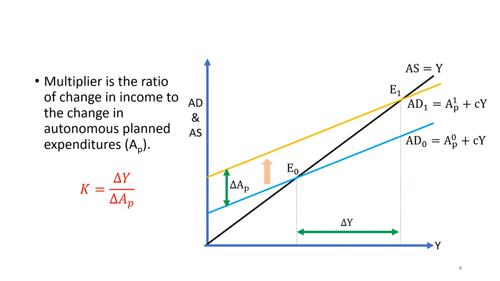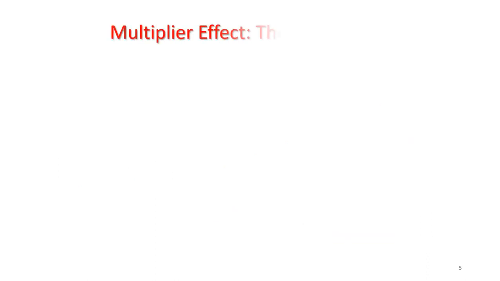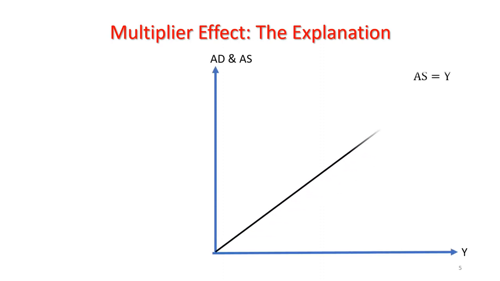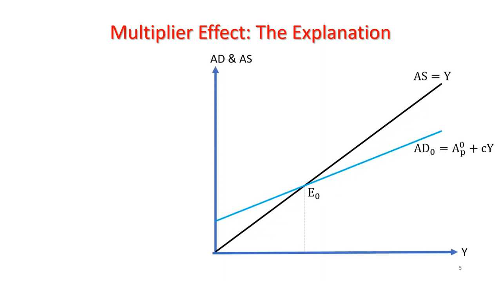Now let's try to understand it in details. As noted, economy is in equilibrium at E naught. An increase in a part of autonomous planned expenditure, say autonomous consumption, results in shifting the equilibrium from E naught to E1.